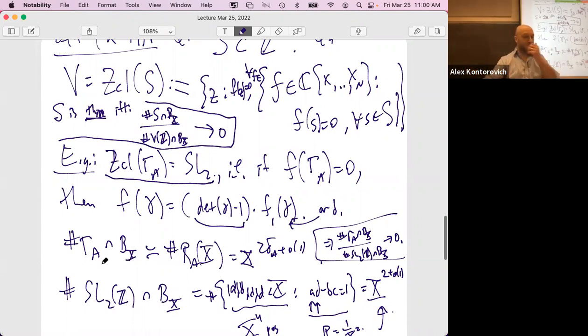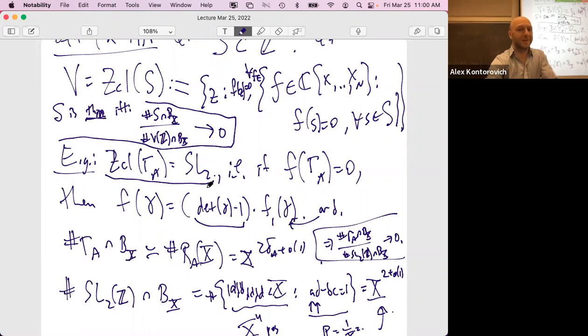What is the algebraic geometric sense? In this sense, the Zariski density. So I take the Zariski closure of gamma A, that's this variety. SL2 is the variety AD minus BC minus 1. That's the polynomial that cuts out that variety. In the Zariski sense, you get all of SL2.